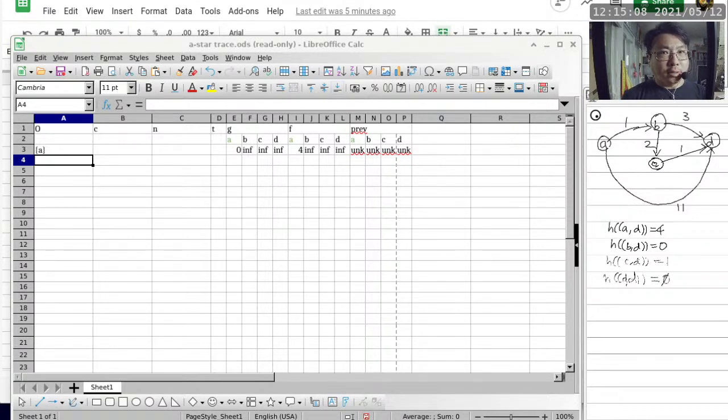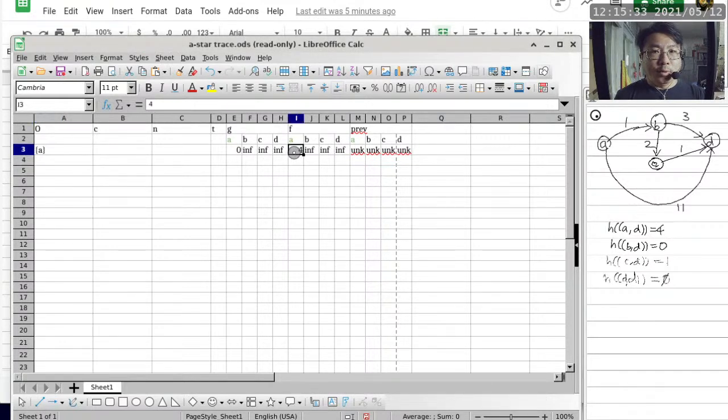So I hope you also spend some time to think about what that means. What that means is we potentially still have a shorter path compared to the one that is already discovered, if there's one, to go from the source to the destination. So we look at vertex A, we look at the F value of vertex A, and that is 4.